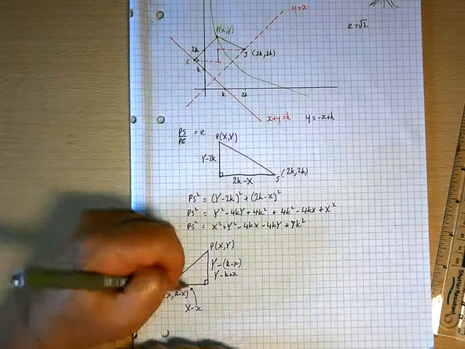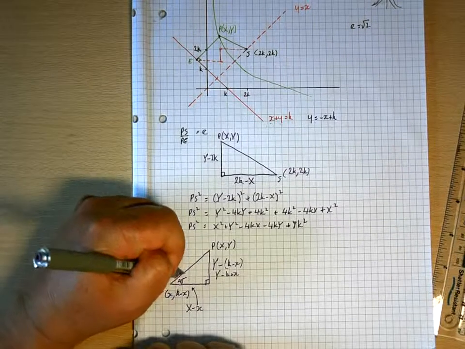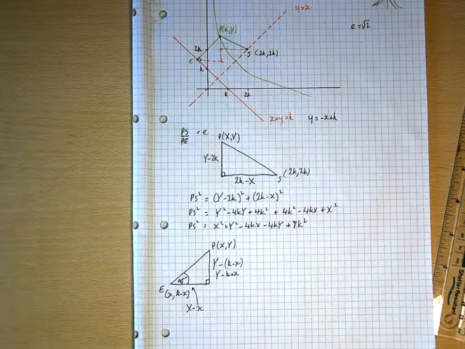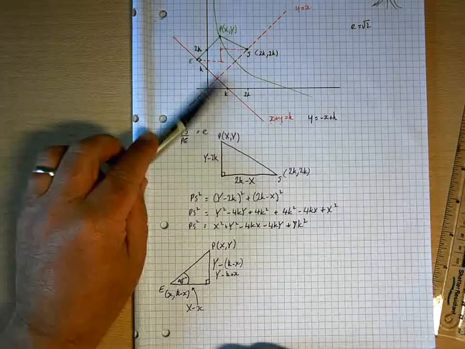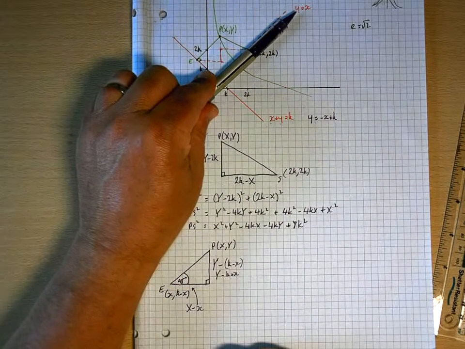And if that gradient is always 1, it means it's at 45 degrees. So I can establish that that angle there is 45 degrees, because it's always parallel to the line y equals x.